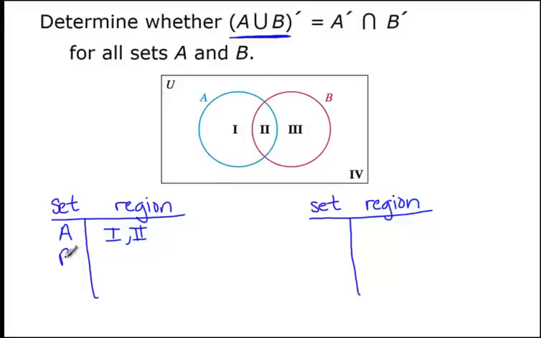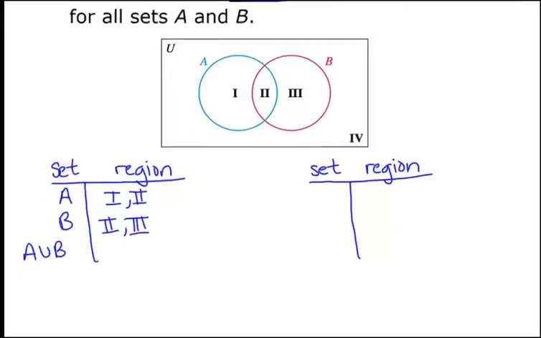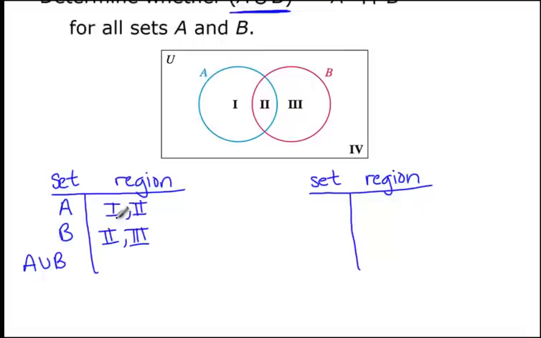Set B is represented by region 2 and region 3. And then the union of A and B, we would list every region that's included in either A or B. So that would be region 1, region 2, and region 3.